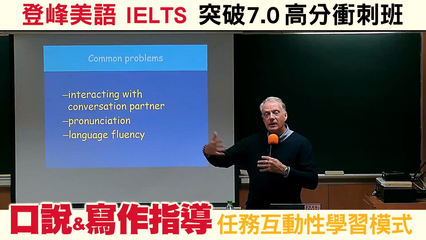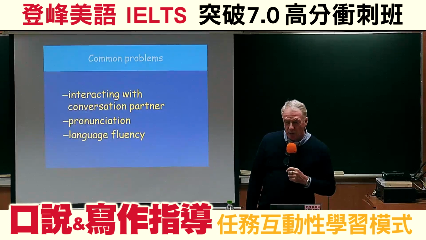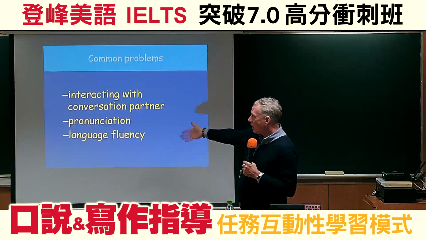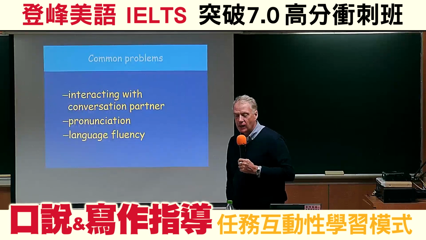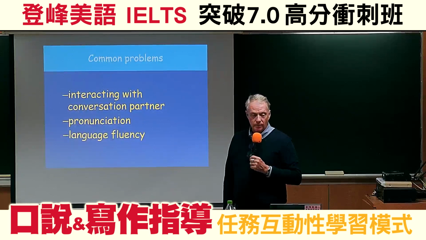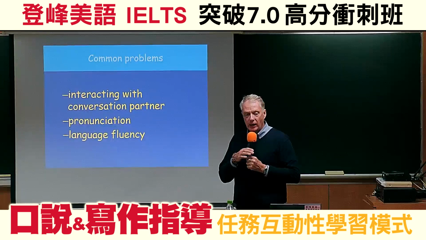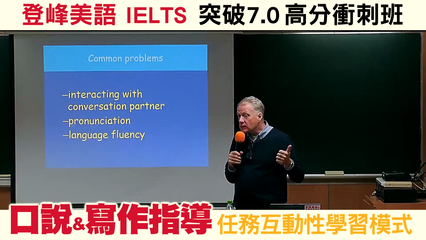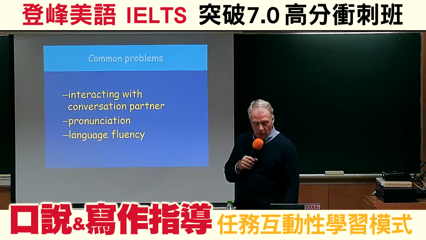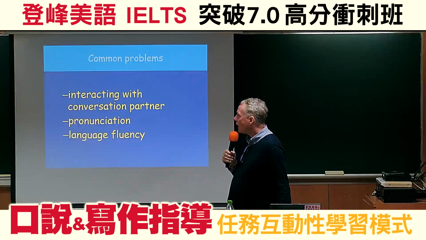So you can keep speaking smoothly. So these are the three most common problems that people have with speaking, okay? Especially in the IELTS test, or also in the TOEIC or the TOEFL test.